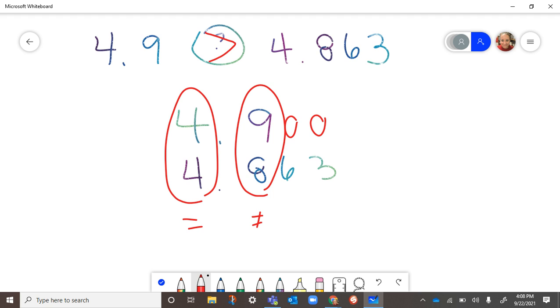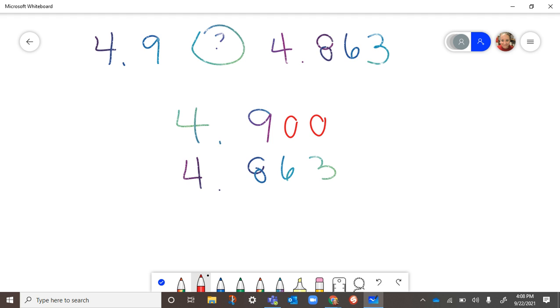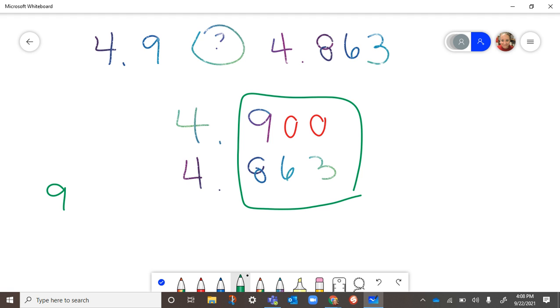So again, this one only has 2 digits and this one has 4 digits, but just because it has more digits does not necessarily mean that it's larger. When you look here at this 900 and this 863, I've got more of the 900.